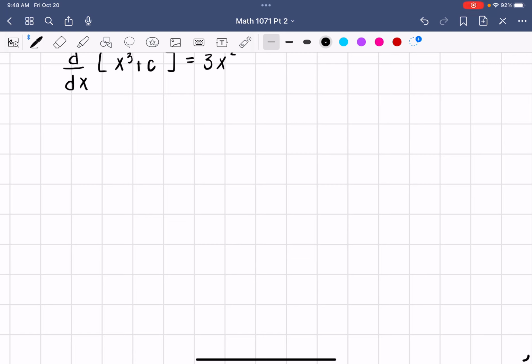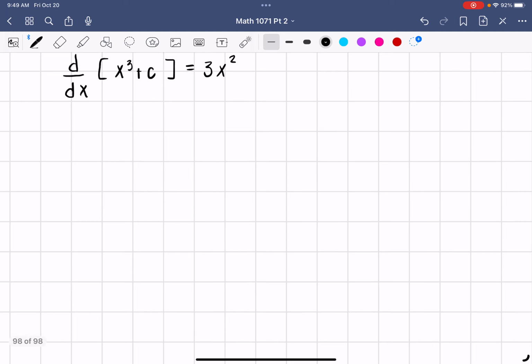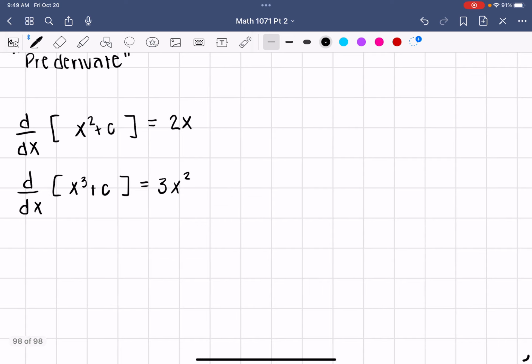Okay, now let me modify this first one a little bit. Let me see if I can fool you. Instead of 2x, I want the answer to just be 1x. What is the function whose derivative is just x?